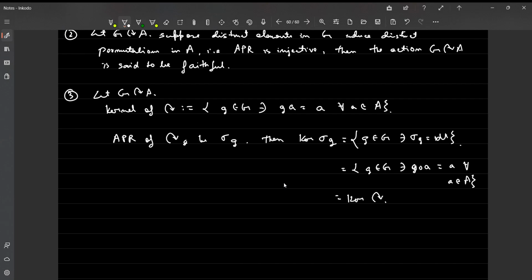The kernel of the action being the identity means that only the identity element from G fixes every element in A. This type of operation is called fixing the element a. Clear?